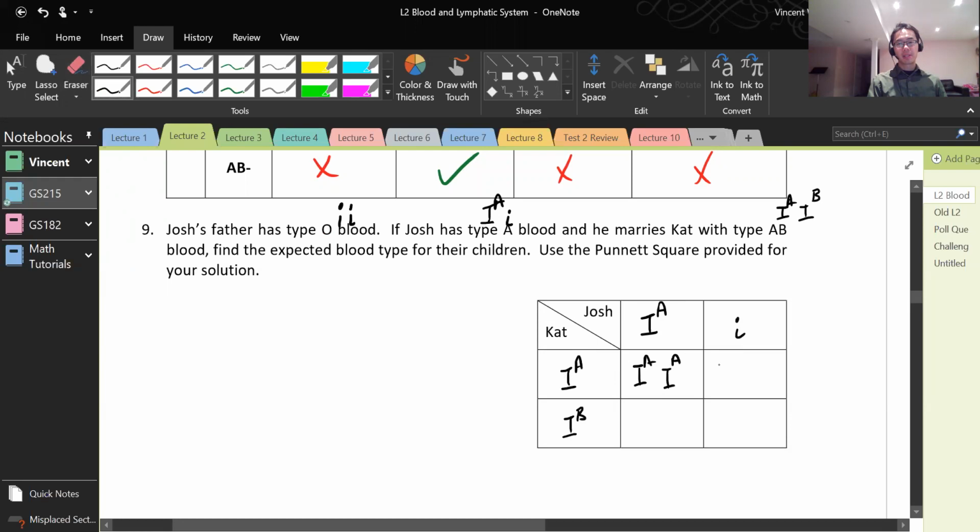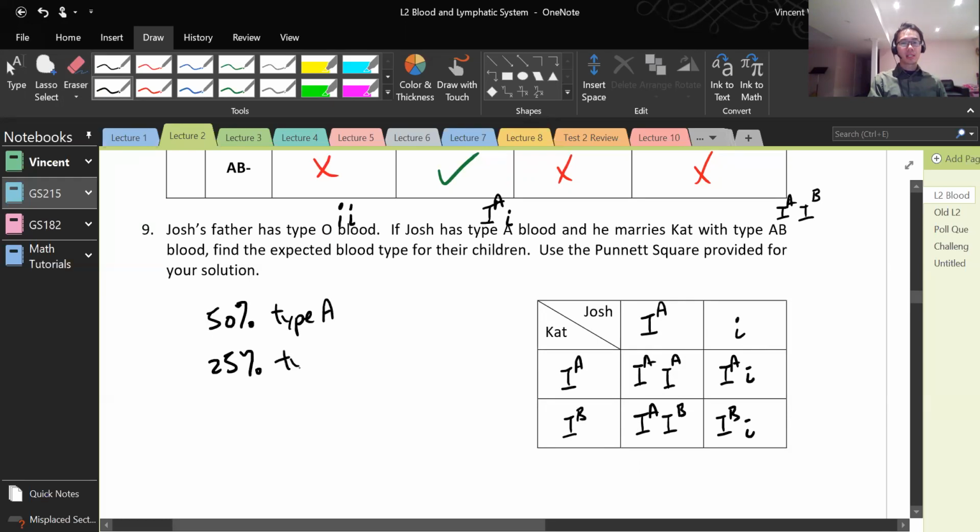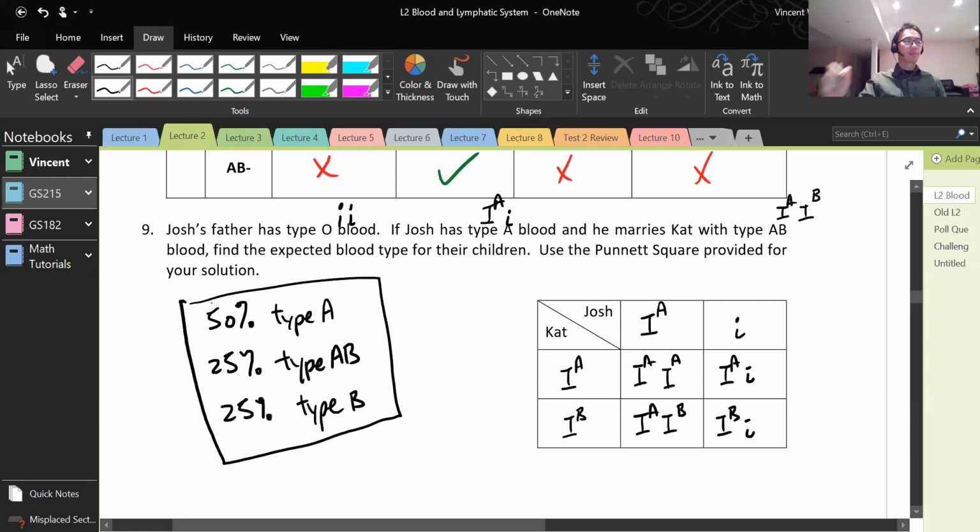This and this can come together to form IA small i, and so on and so forth. If you do the calculation, there is a 50% chance that their kids will be type A, 25% chance type AB, and another 25% chance of type B. That is how you do it.